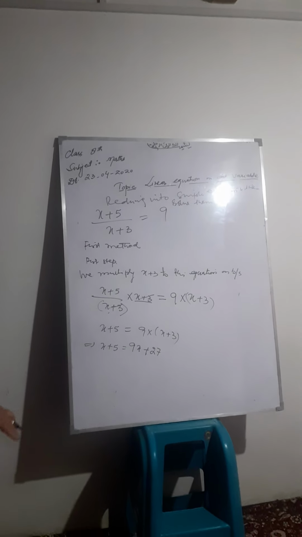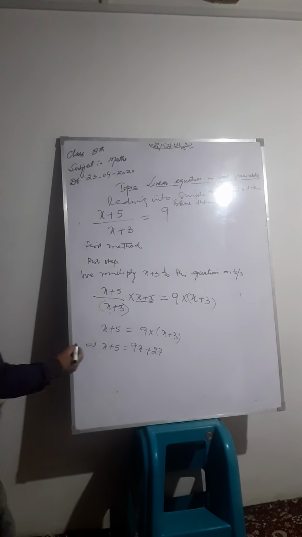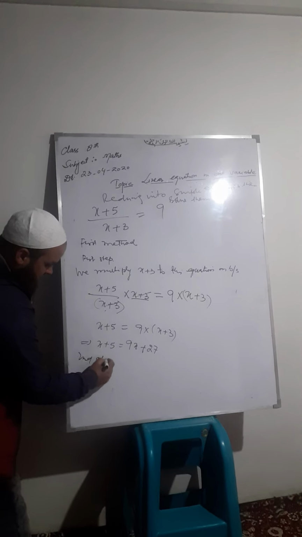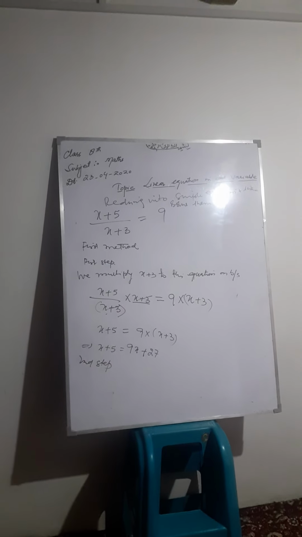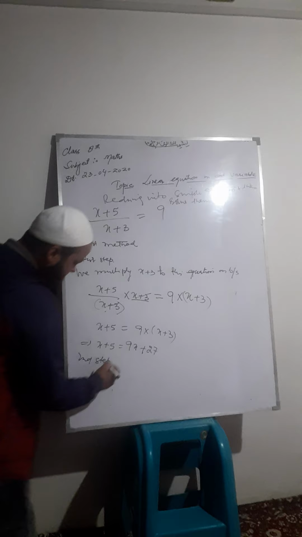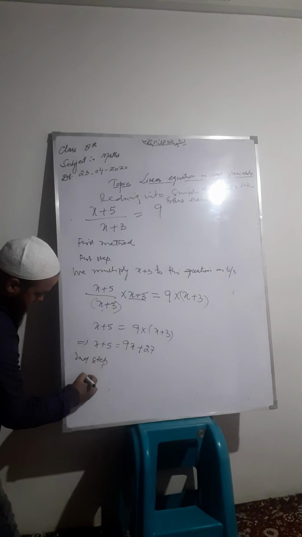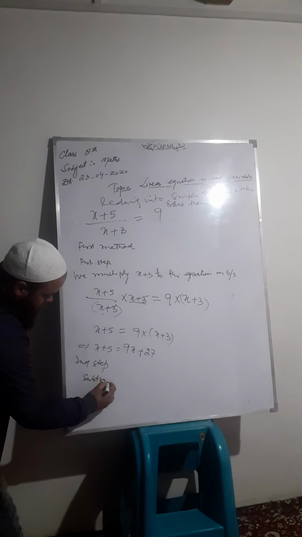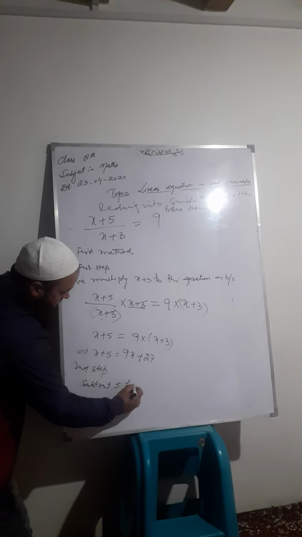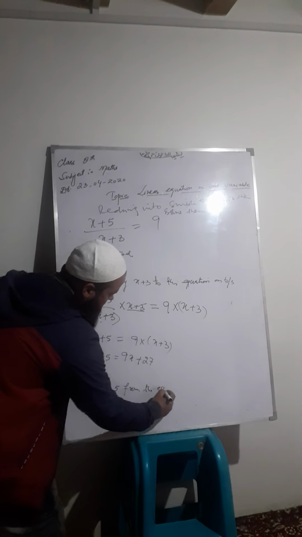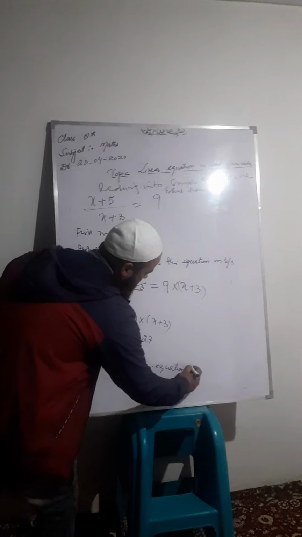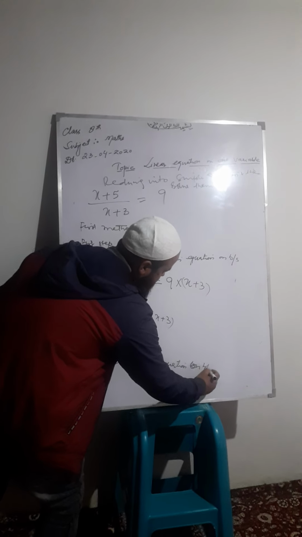Now we apply the transposing method. Second step. What will we do? We subtract 5 from this equation on both sides.